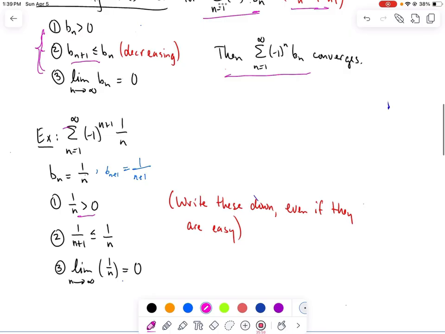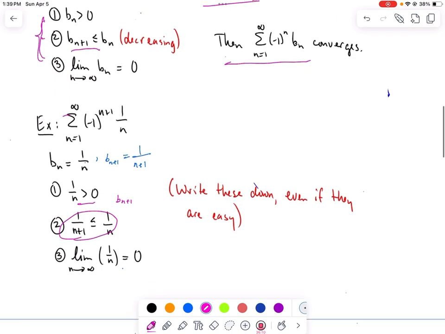If this is not quick and clear, you can always look at it like this. b_(n+1) is 1 over n plus 1.